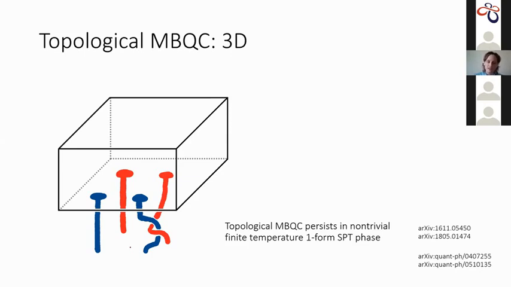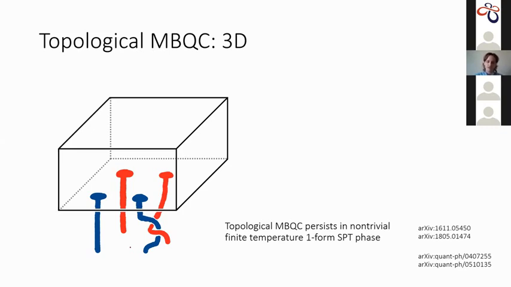Oh yeah, and to connect to SPT phases, this bulk model has something called a one-form symmetry, which is that on dimension 2 submanifolds, you apply some symmetry operator, and the ground state will respect that. And the connection with the SPT phase and the MBQC is that as long as you're in this SPT phase, this MBQC should function pretty well.